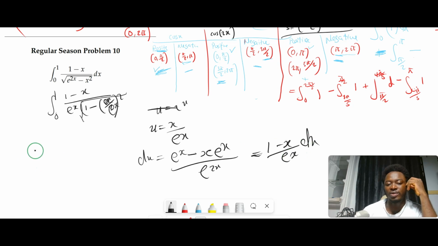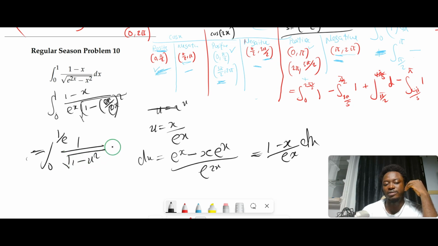So this is going to equal the integral from 0 to 1 over e of 1 over the square root of 1 minus u squared du, and that is going to be just sine inverse of 1 over e.